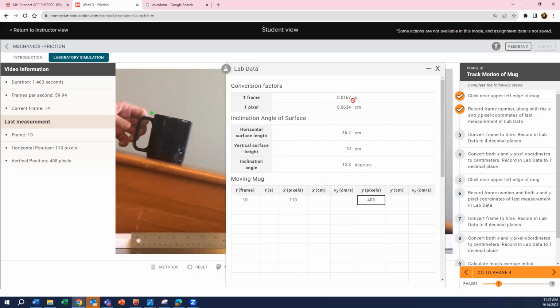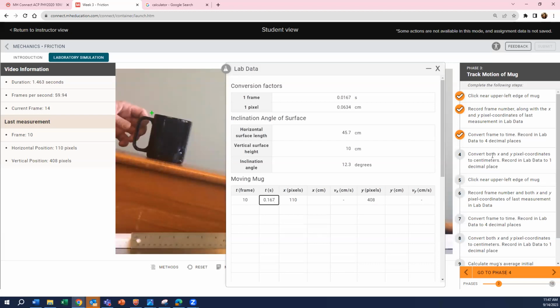So the time for our frame number 10 is going to be 10 multiplied by 0.0167. When you multiply 10 by this, we get 0.167. So this is the time in seconds, and we got the check mark, so this is good.